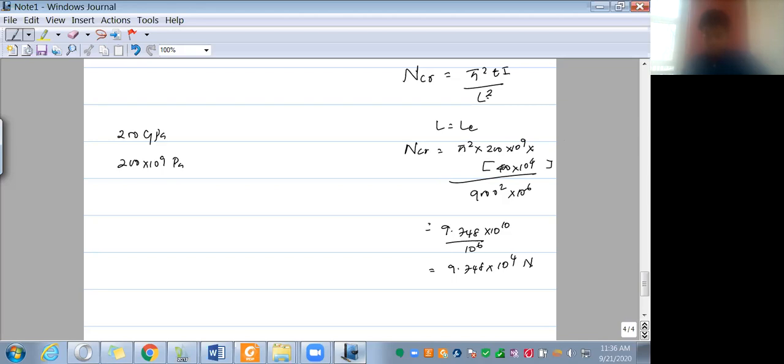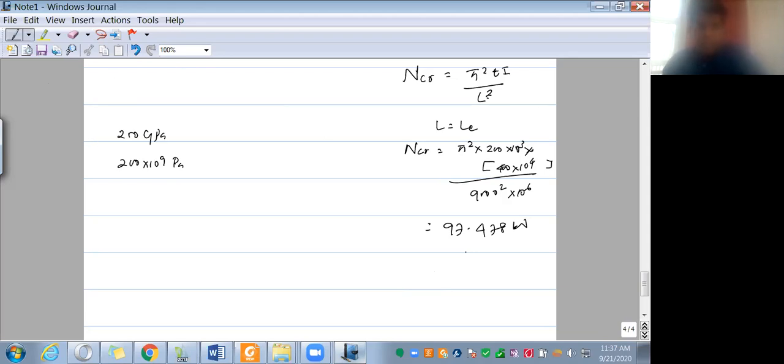So pi squared into 200,000 into 400 into 10 to the 4, then divide by 9,000 squared, and that becomes 10 to the 3. That is 97.478 kilonewton.